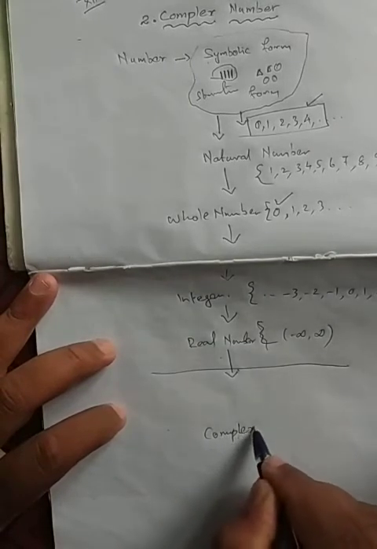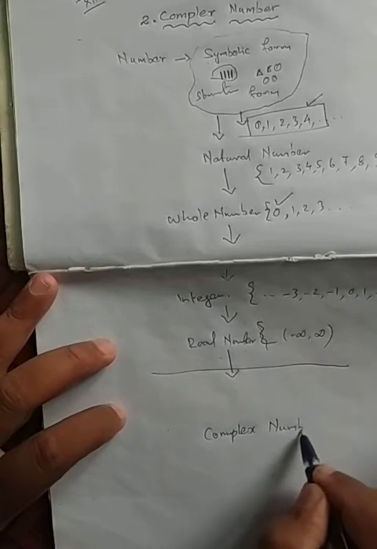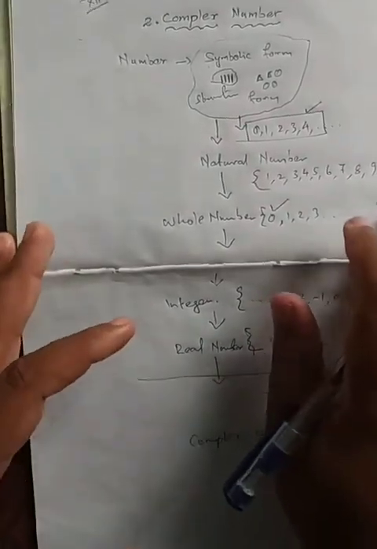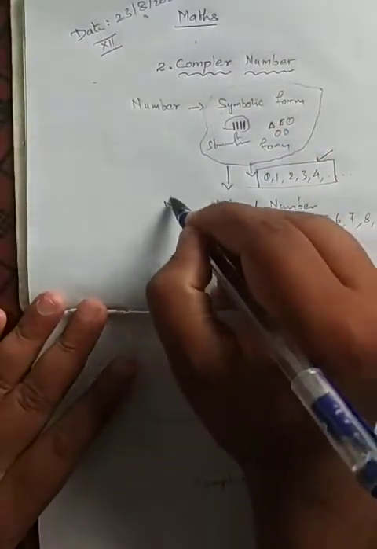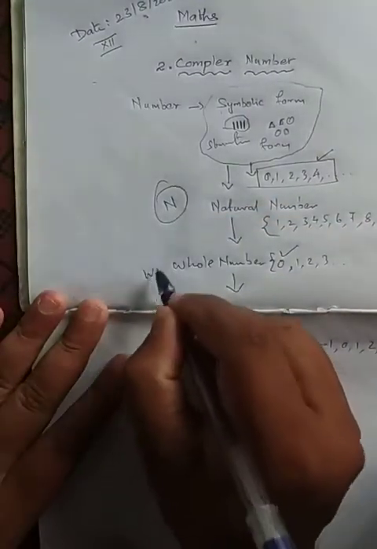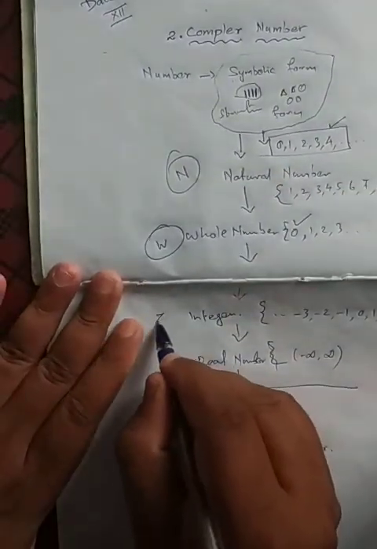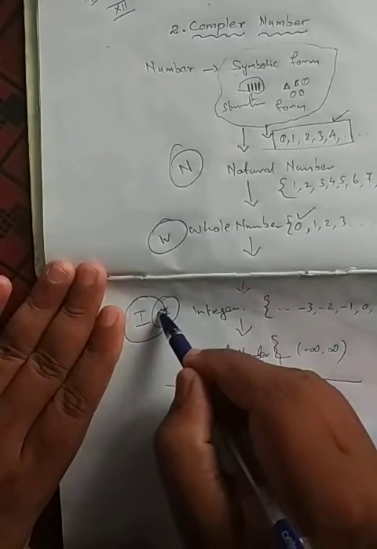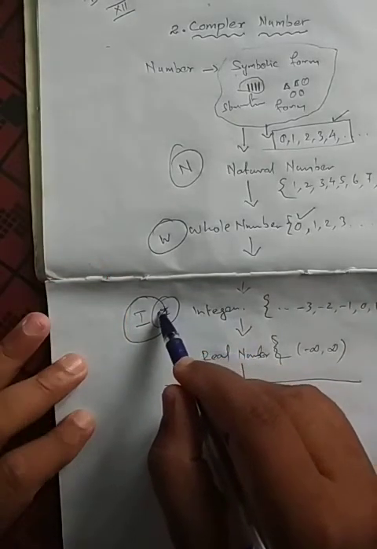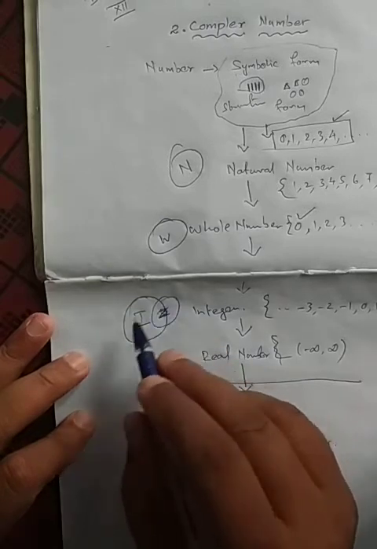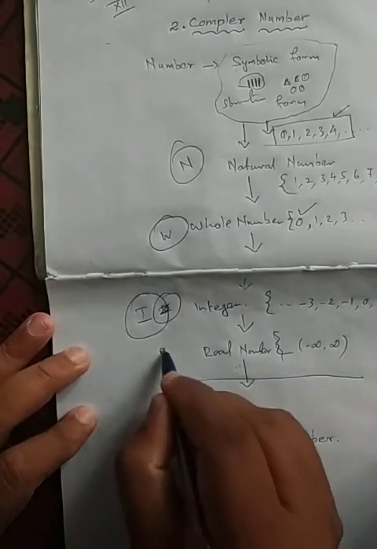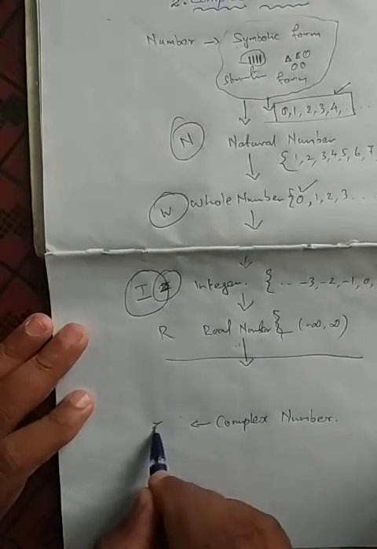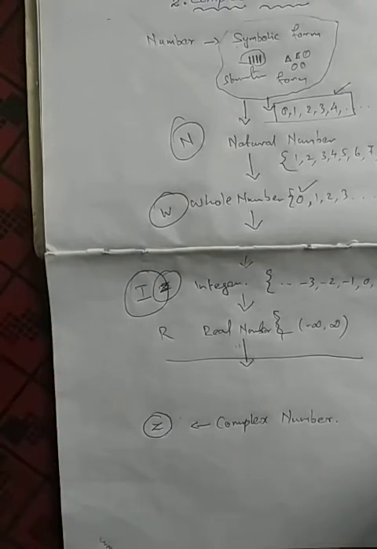You might have studied it in 11th standard, but I want to give an introduction. Symbolically, you must know the meaning: the natural number is usually represented by N, whole number we mention as W, integer we can write as I. Some books represent it as Z, which is nothing but integer, but now you take it as I itself. Real number, you know that R is real number. Now the complex number we represent as Z.